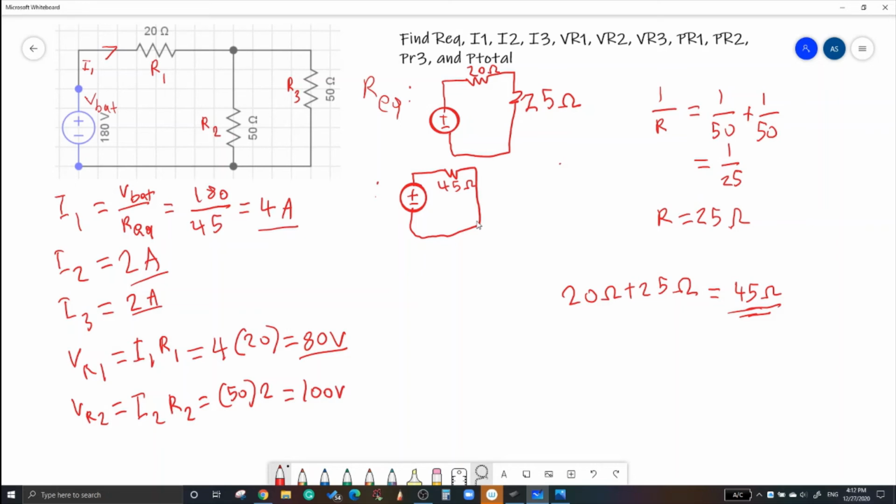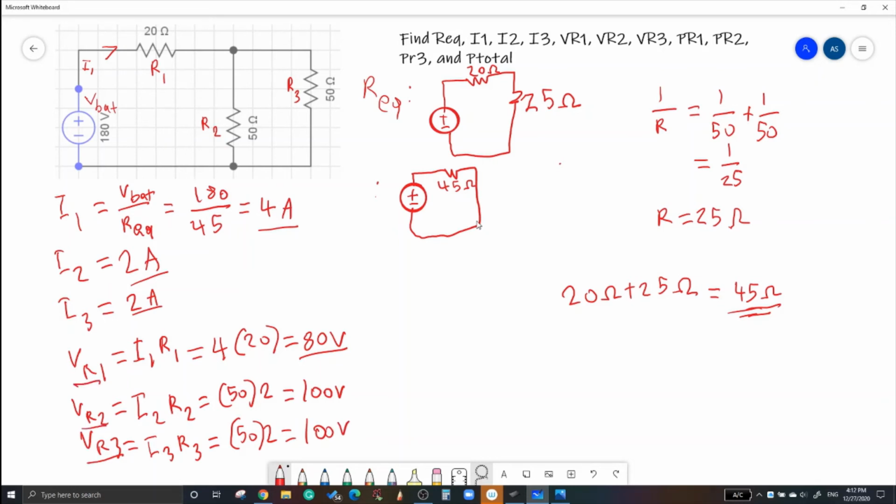Now for VR3, we'll do I3 times R3. For R3 we have 50 ohms, and we have a total of 2 amps for that, so it'll also be 100 volts. So now we have found VR1, VR2, and VR3.